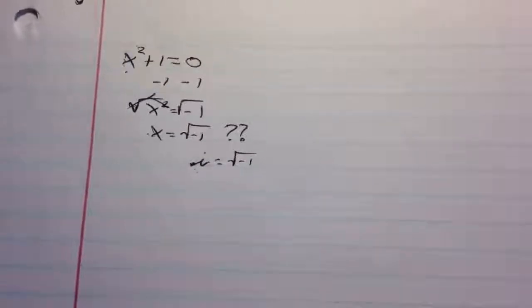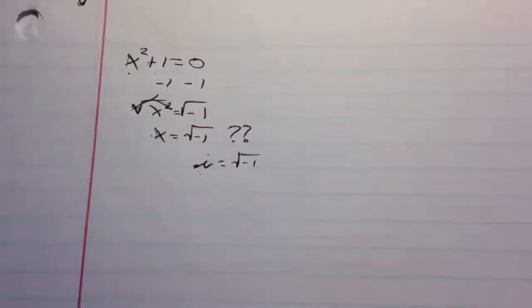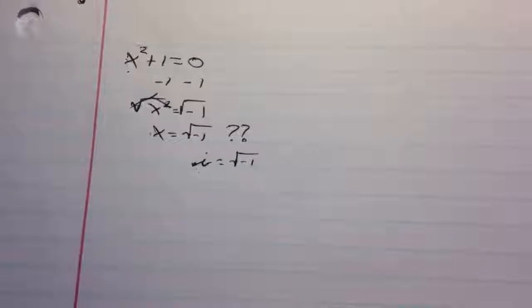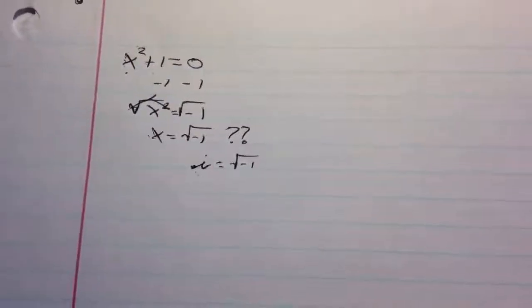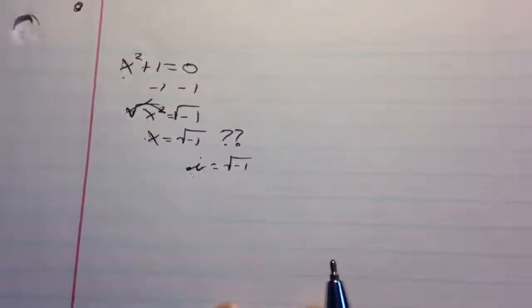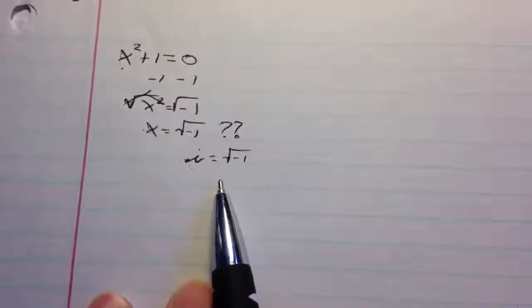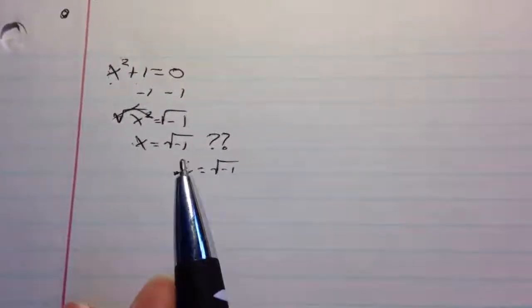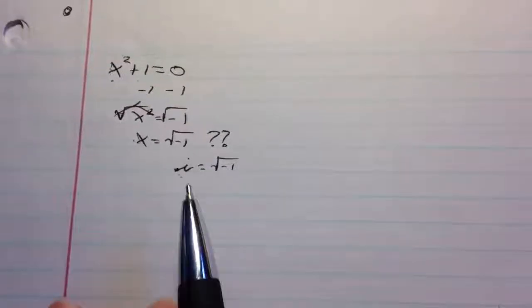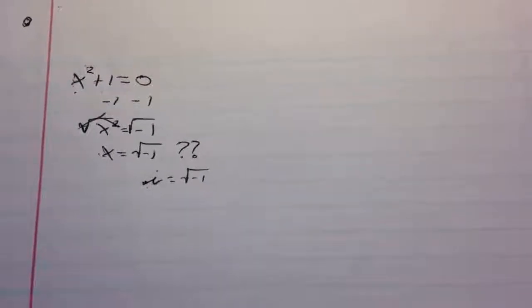These numbers actually do have some real applicable uses, particularly in the engineering field, in electronics, especially when you're dealing with AC circuits. They pop up a lot, and they're used to represent certain values. But I'm not going to go into that. Just know that this is not totally pointless.